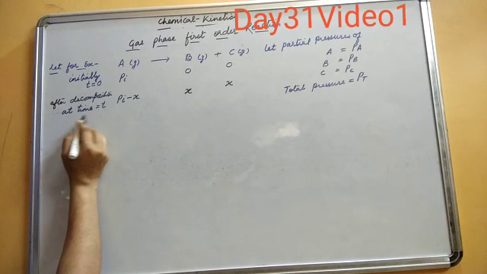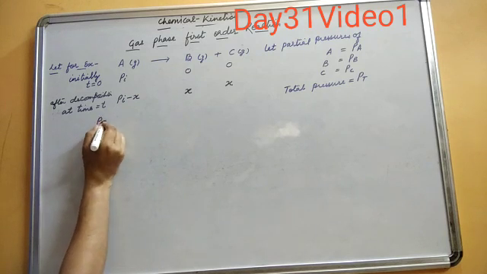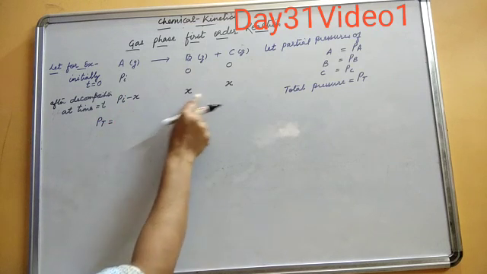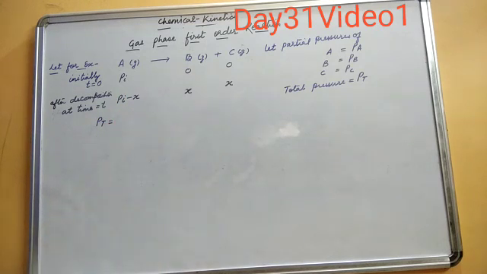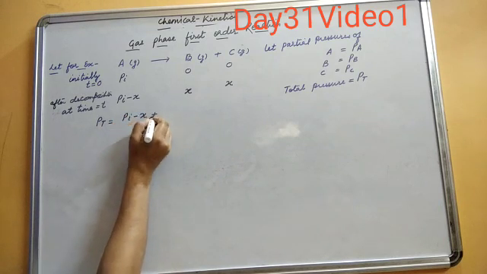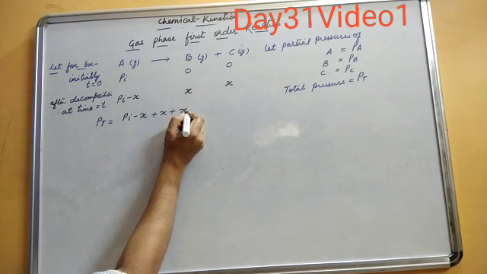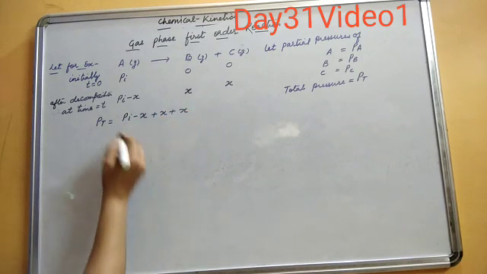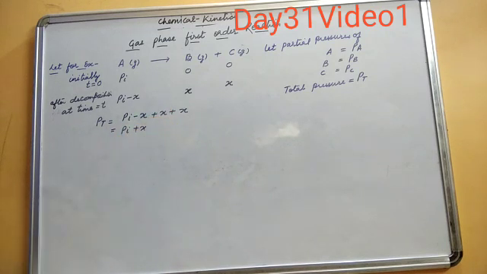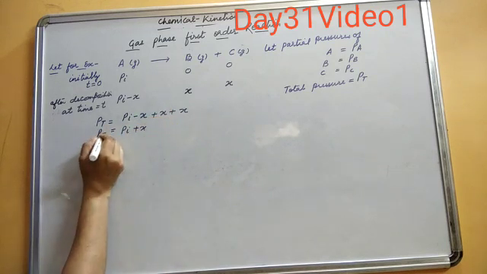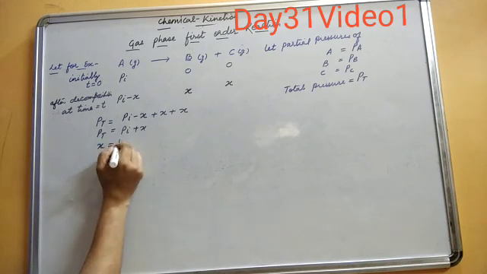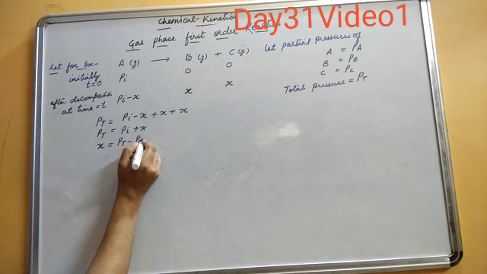Therefore, now at time t, the total pressure will be the pressure of A, the pressure of B as well as the pressure of C, their summation. So P total at this time is Pi minus X plus X plus X, that is Pi plus X. These X get cancelled out. So Pt equal to Pi plus X. If we want to find X, that is equal to Pt minus Pi.